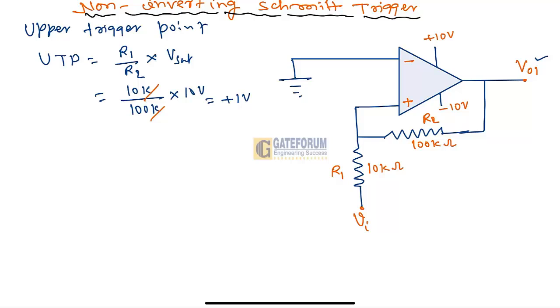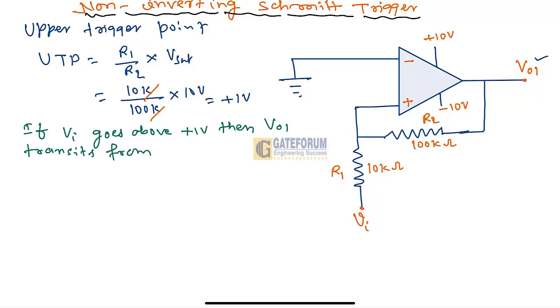So we can write: if Vi goes above plus 1 volt, then VO1 transits from minus Vsat to plus Vsat.